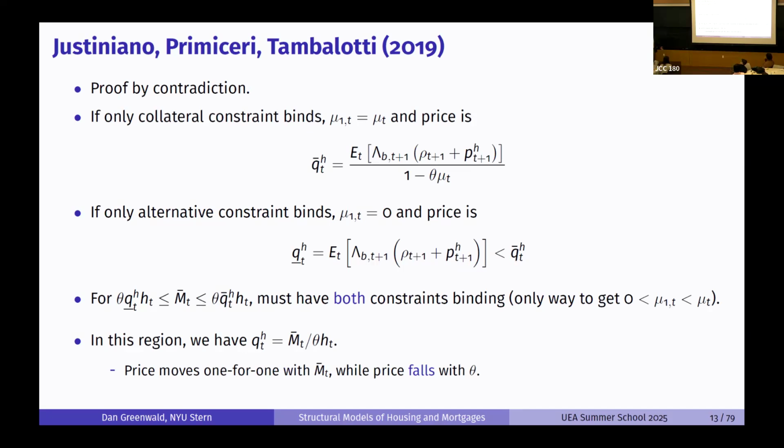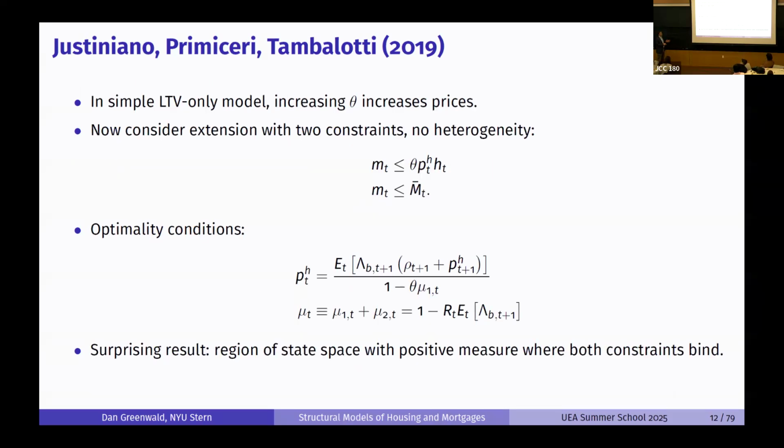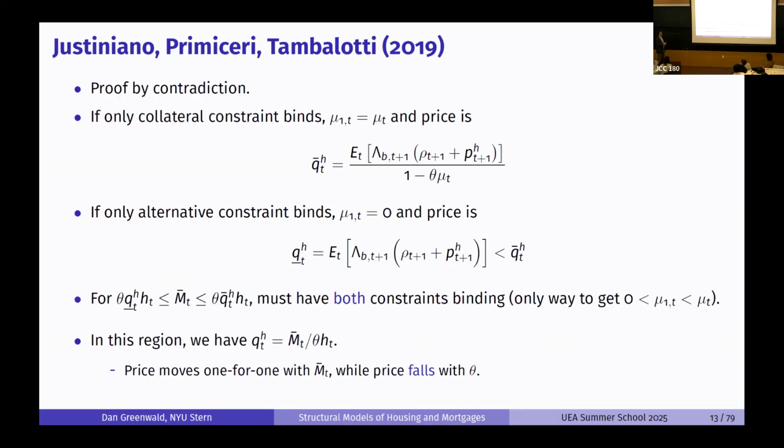So that case doesn't work. That's impossible. But let's assume the other thing. Only this one binds, then the price is Q lower bar. But notice in this case, the alternative constraint is binding. So M bar has to be lower than this thing. But if we plug in Q lower bar, we know that's not true. So actually, both of these cases are impossible in this region.